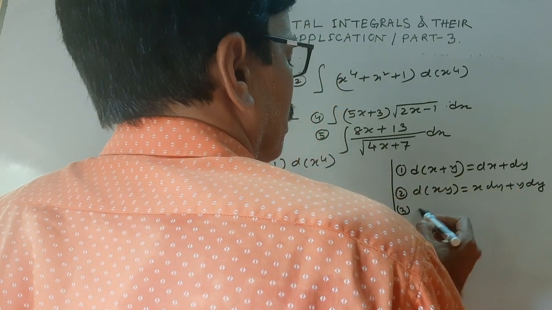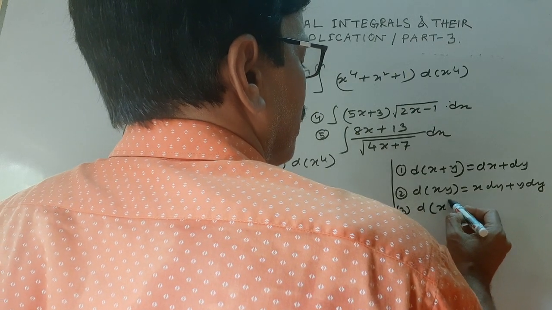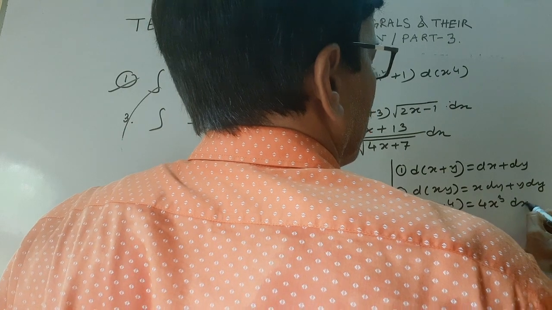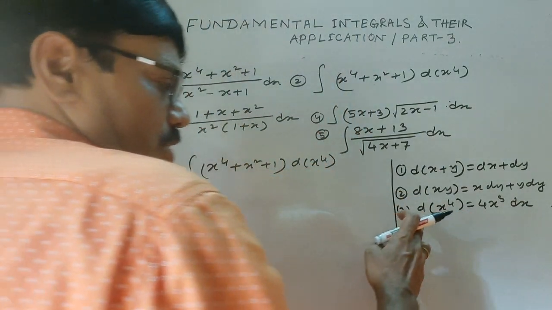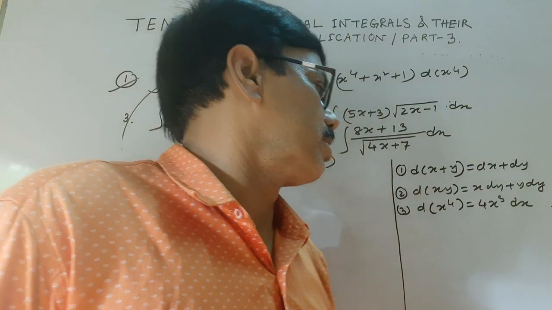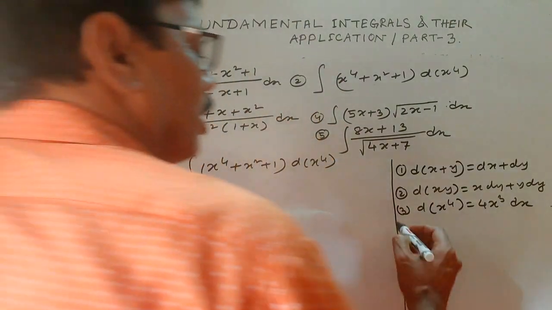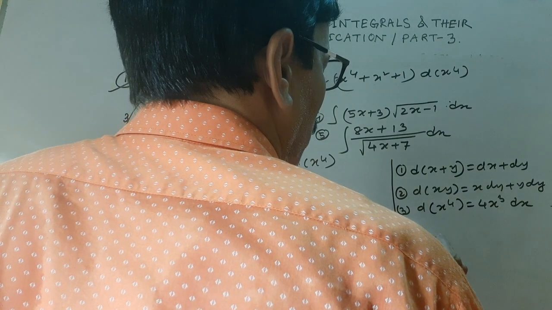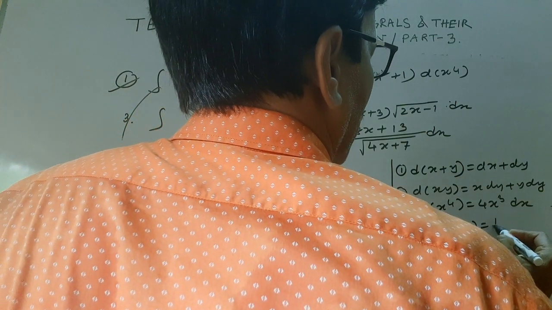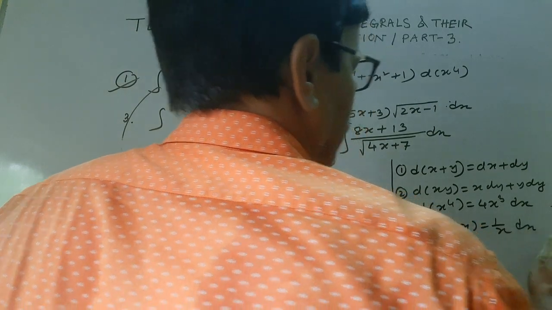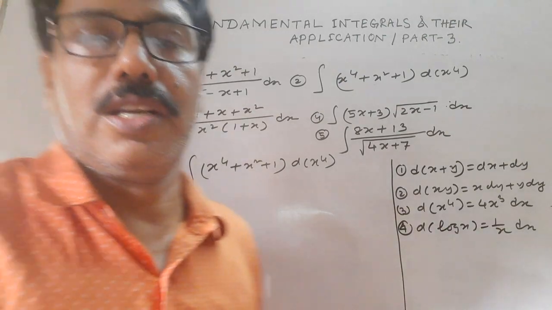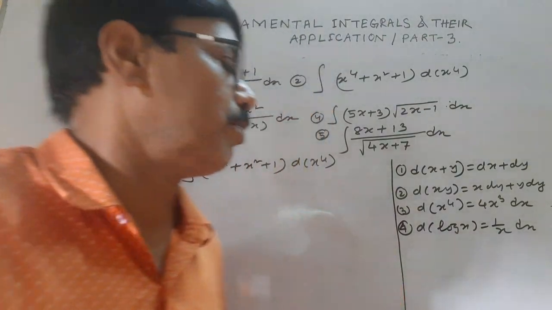Now d of x4, this is 4x cube, then it is not derivative, it is differential, d of x, so dx. For example, d of log x will be 1 by x into dx. 1 by x, then dx, dx, differential.